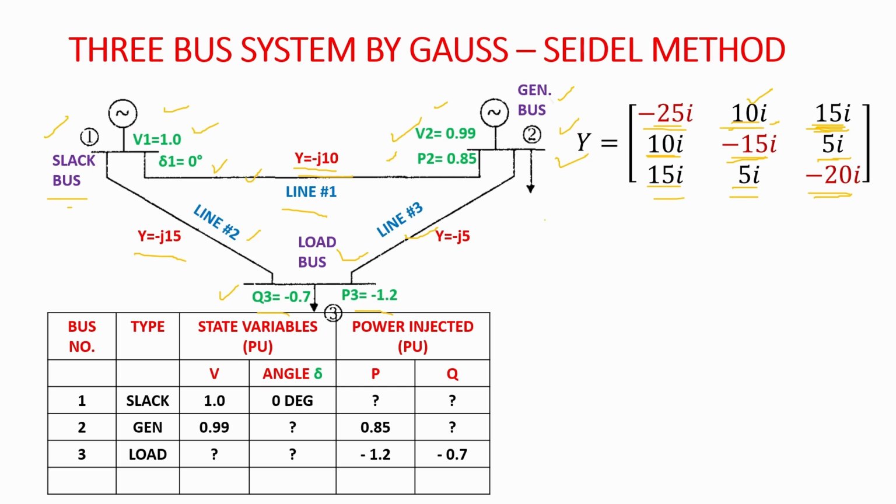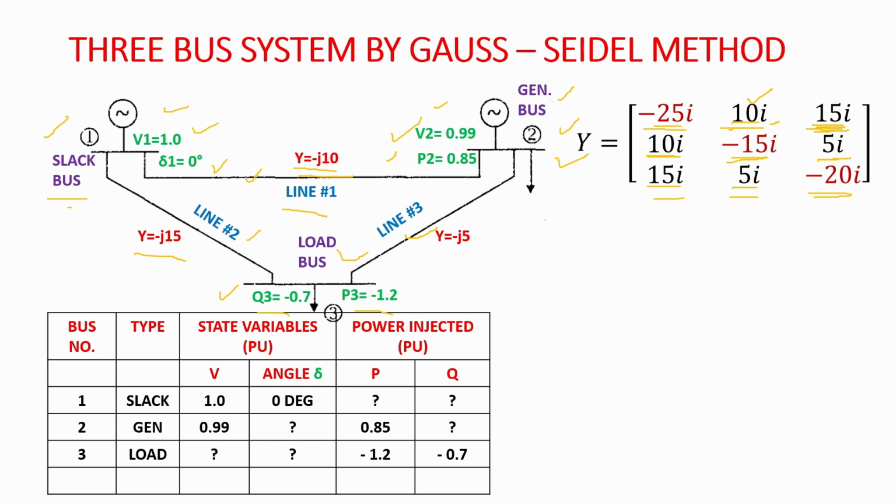In the table, the tabulation of parameters is given for each type of bus. We have bus number, type, state variables, and power injected. For bus number 1, we have a slack bus with given state variables of voltage equal to 1 per unit and angle of 0 degrees. The power injected is unknown.